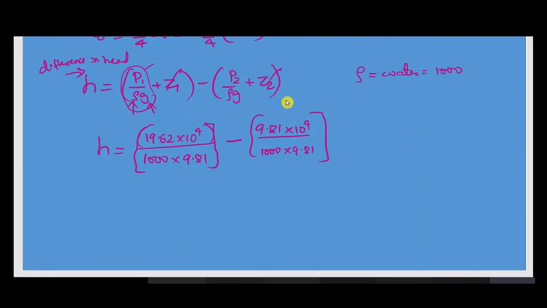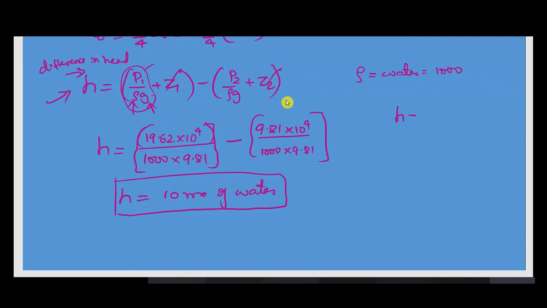So once you substitute all the values, I am getting H equal to 10 meter of water. So why do we use this formula? He has given P1 and P2 directly. If P1 and P2 are not given directly, he may use a differential manometer, that is a mercury manometer, for measuring pressure difference.